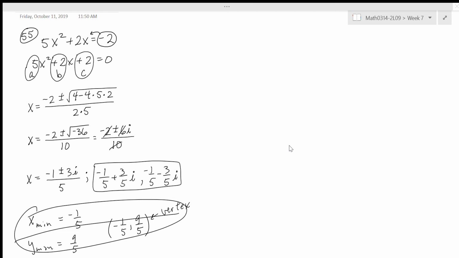Does that parabola cross the x-axis? So if the solutions are complex, it tells me the x-intercepts don't exist. There are none. So not only are they not whole numbers, they're not even real numbers.